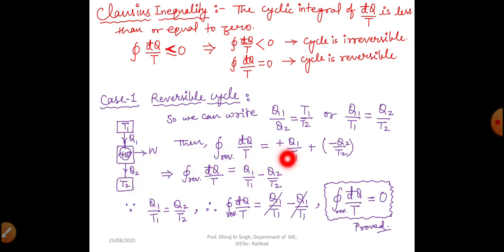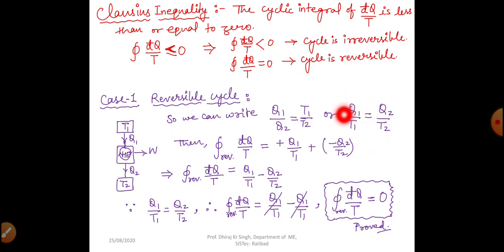So for cyclic integral del Q by T, we have taken Q1 by T1 positive because heat is supplied to the system, minus Q2 by T2 because heat is rejected from the heat engine, so that will be in minus. So the reversible integral del Q by T is equal to Q1 by T1 minus Q2 by T2, and we can write Q2 by T2 as Q1 by T1.